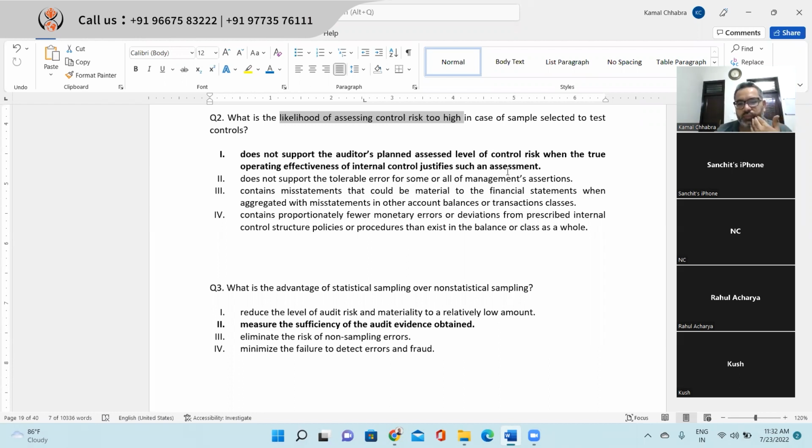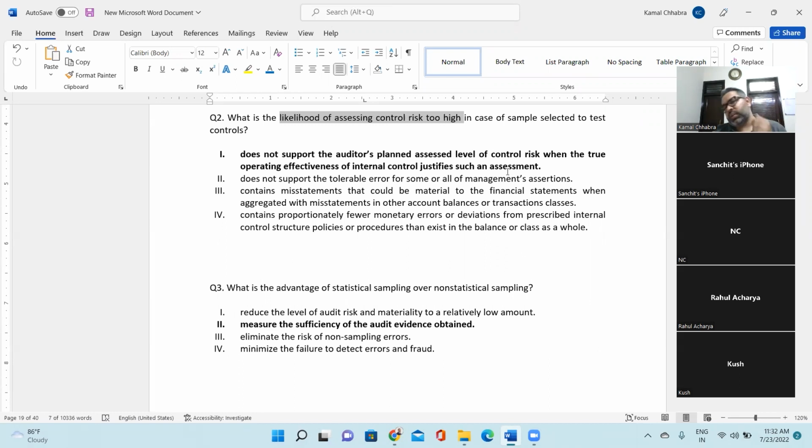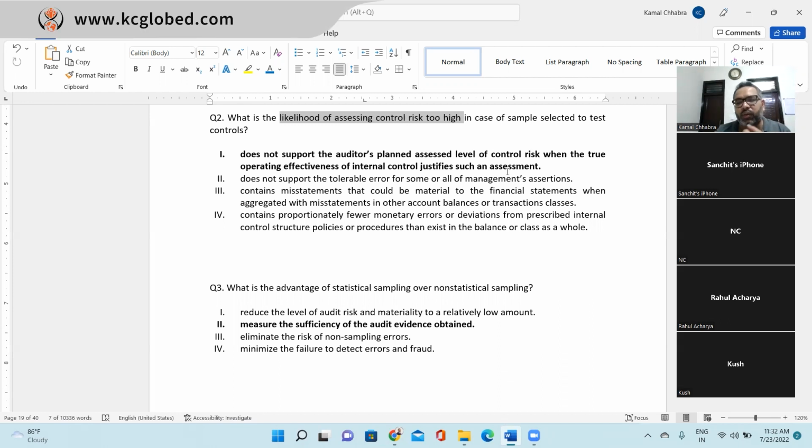Value only. Okay. If you see the first one does not support the auditor planned assessed level of control risk when the true operating effectiveness of internal control justify such statement. So only the first one is giving you the factors required to be considered for control risk assessment. Rest of them are more relating to test of details. Right? Make sense? Yes, sir.